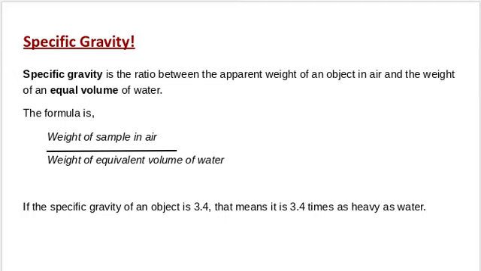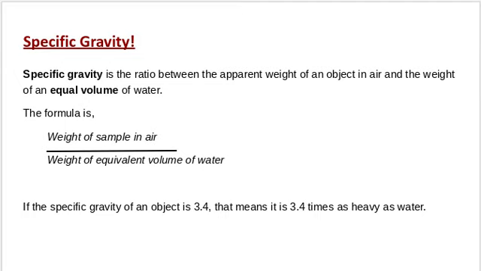For example, you may have noticed that you apparently weigh less in a pool. That's because the buoyant force offsets some of the force of the gravity, because gravity and weight are related.